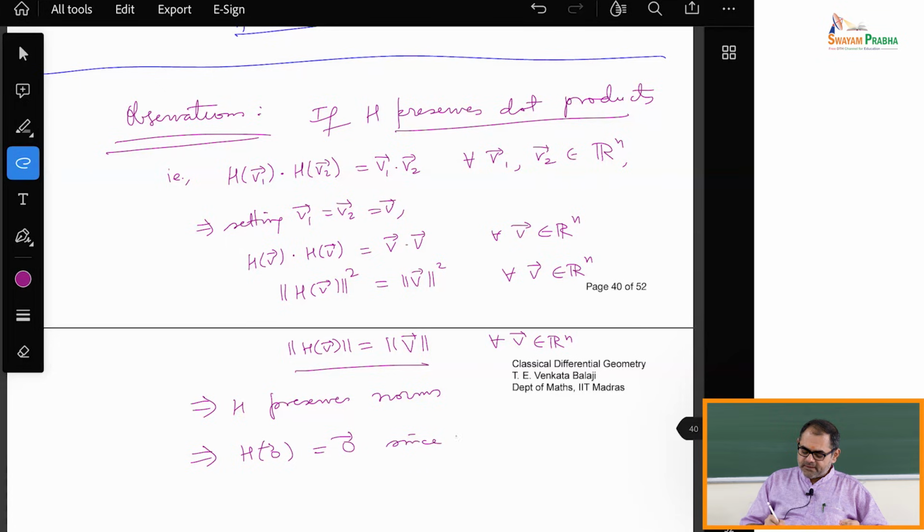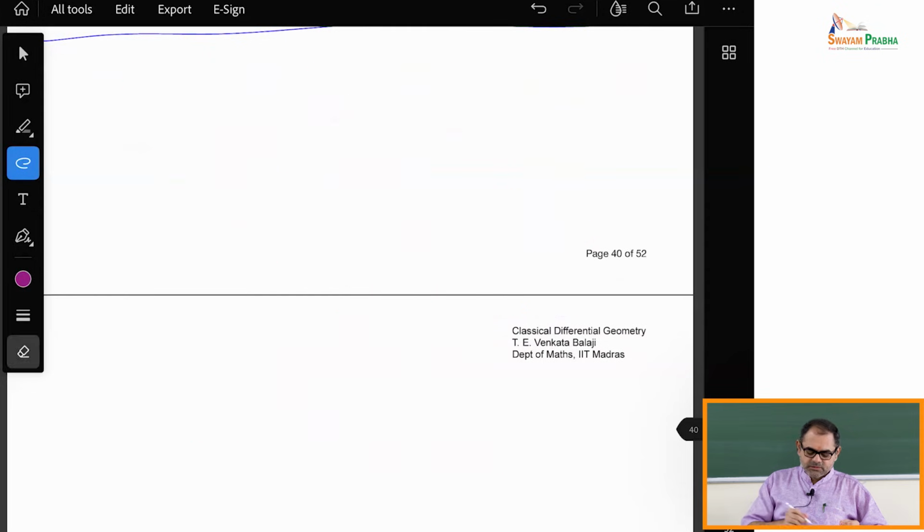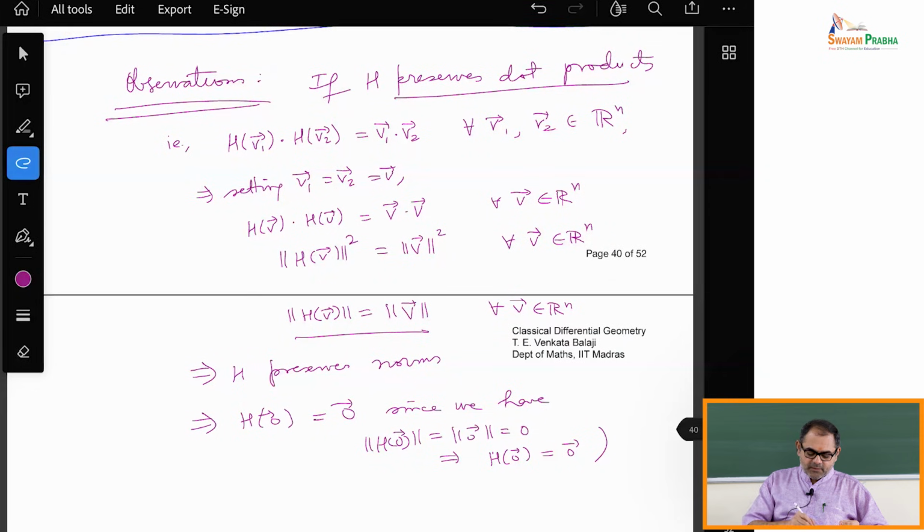So what is happening is, if H preserves the dot product, it has to preserve norms, and it has to take 0 to 0.